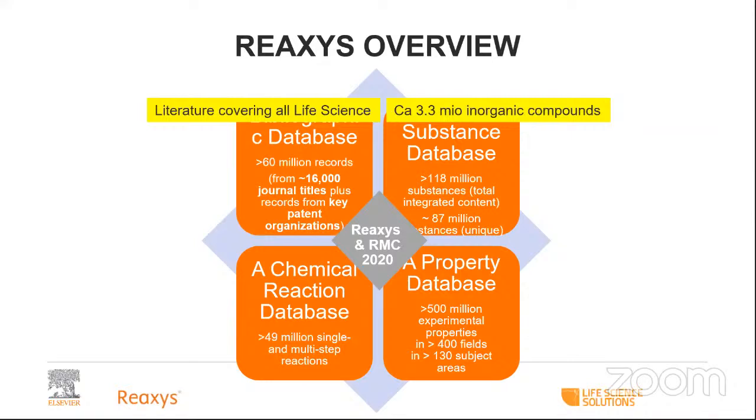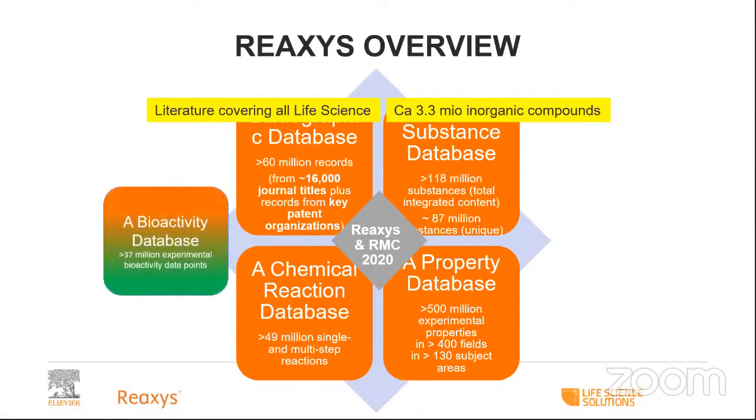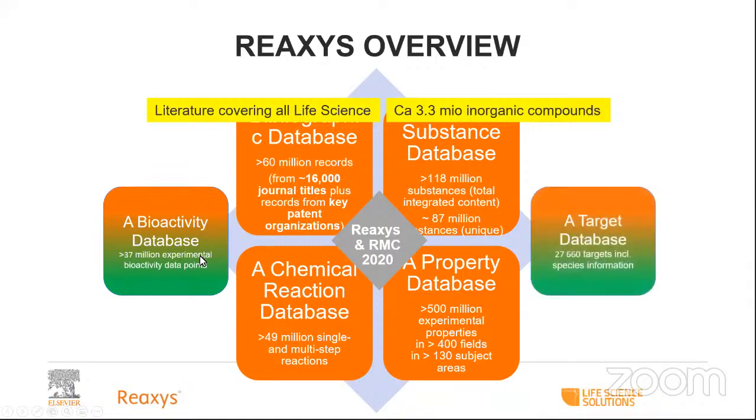It also includes a database of chemical reactions, of substances, of properties of substances, and a lot of useful information for chemists. Optionally, it has a bioactivity database, available not for everyone but for some organizations and institutions, and a biological targets database.